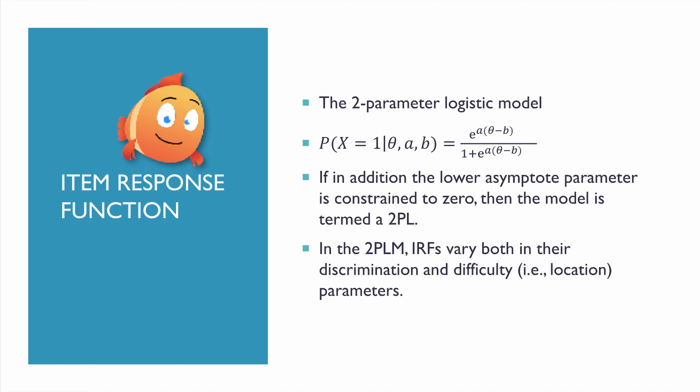In the 2PL model, IRFs vary both as a function of discrimination and difficulty, i.e., their location parameters. So there are 3 pieces of information, well, 4 technically. But anyway, in the 2PL model we have 2 parameters, A and B, plus our theta, which is our true ability level.